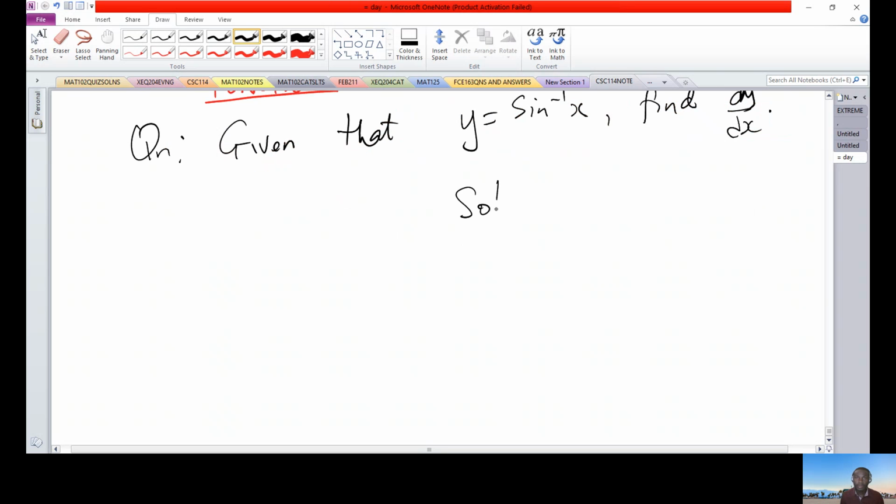So solution. The best strategy for you to be able to carry out the derivative is to change the function into the normal trigonometric function. So remember that y equals sine inverse of x is the same thing as saying x equals sine of y.